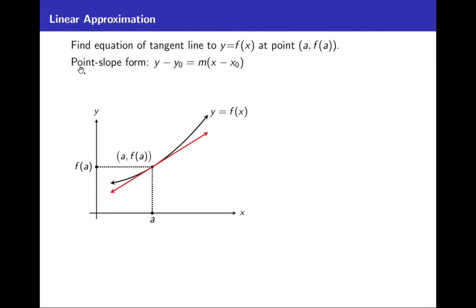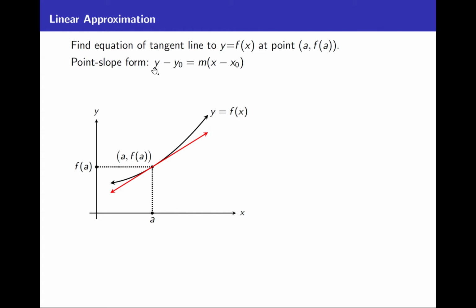To find it, we could use the point-slope formula for the equation of a straight line. y minus y naught equals m times x minus x naught, where (x naught, y naught) is a point on the line, and m is its slope. The point that we know on the line is (a, f of a), and the slope of the line, as we know, is f prime of a.